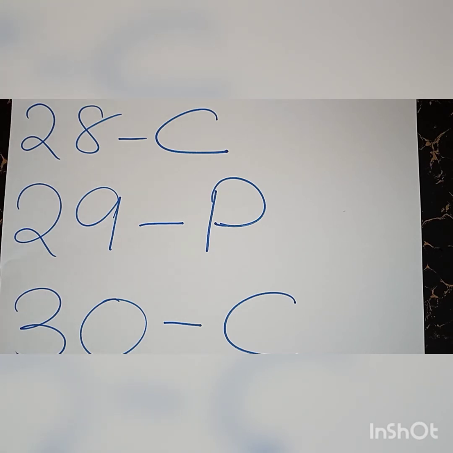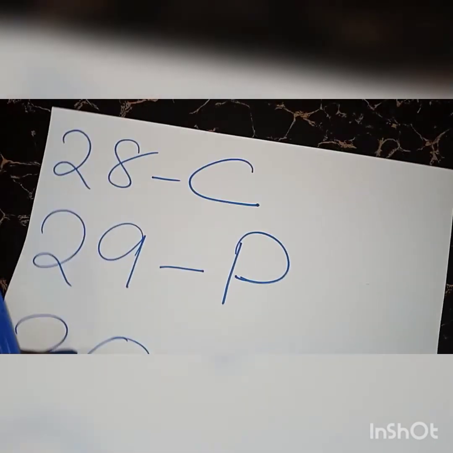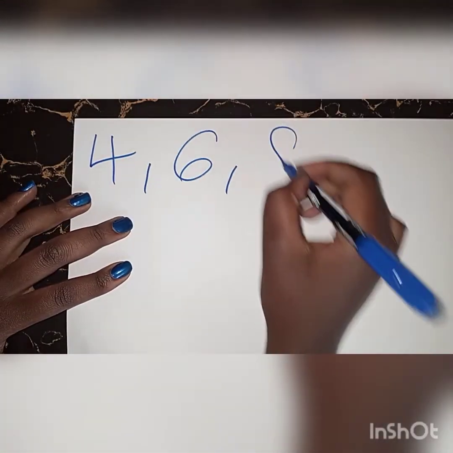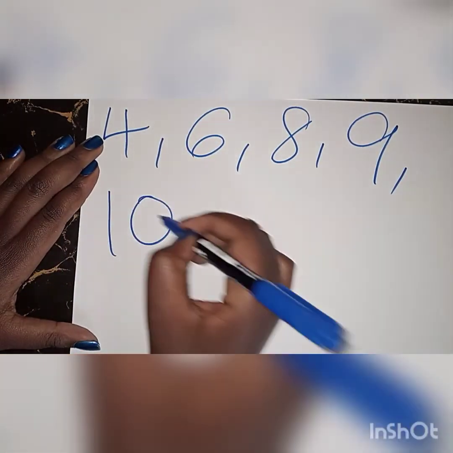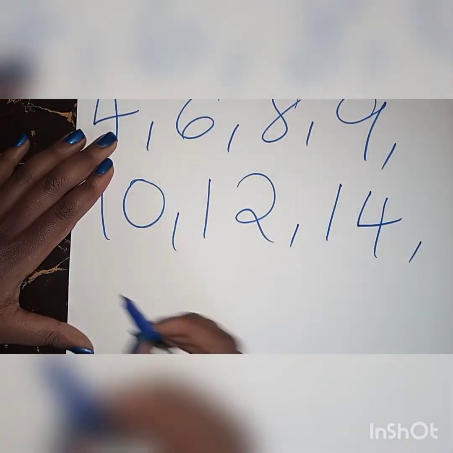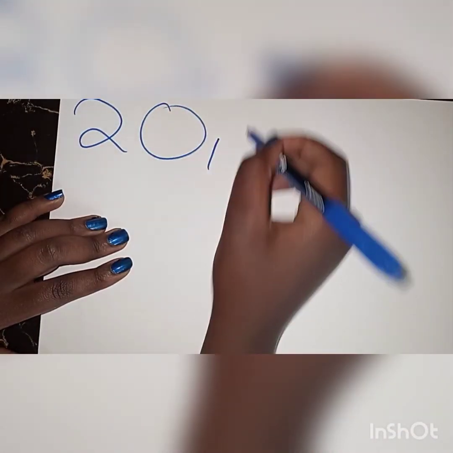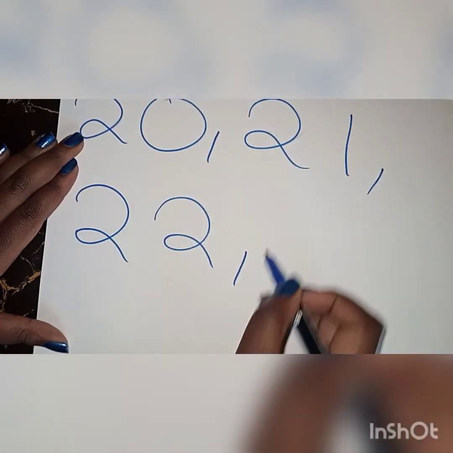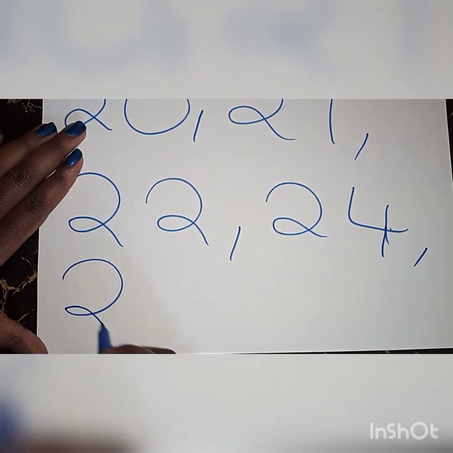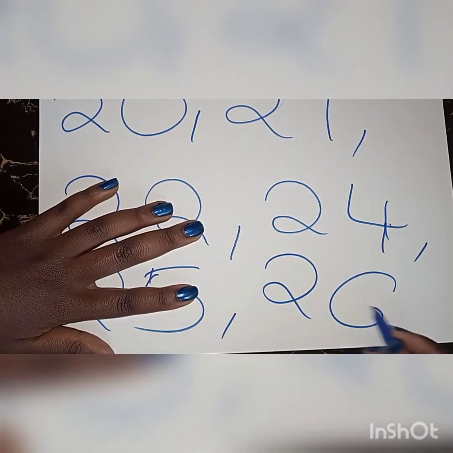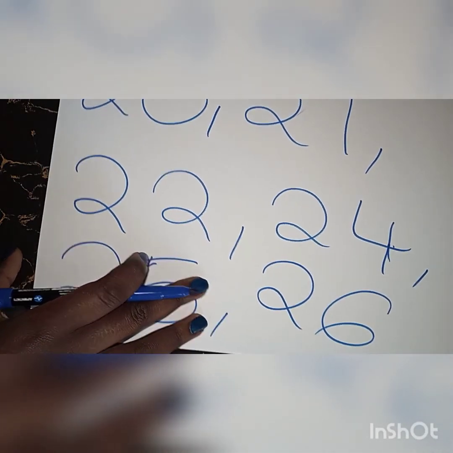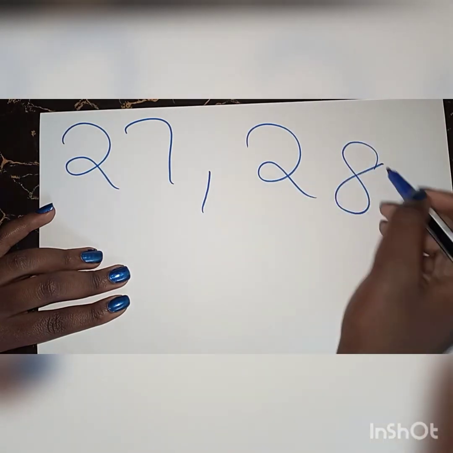And we've established that the composite numbers that we have from 1 to 30 are, let's list them down: 4, 6, 8, 9, 10, 12, 14, 15, 16, 18, 20, 21, 22, 24, 25, 26, 27, 28, and 30.